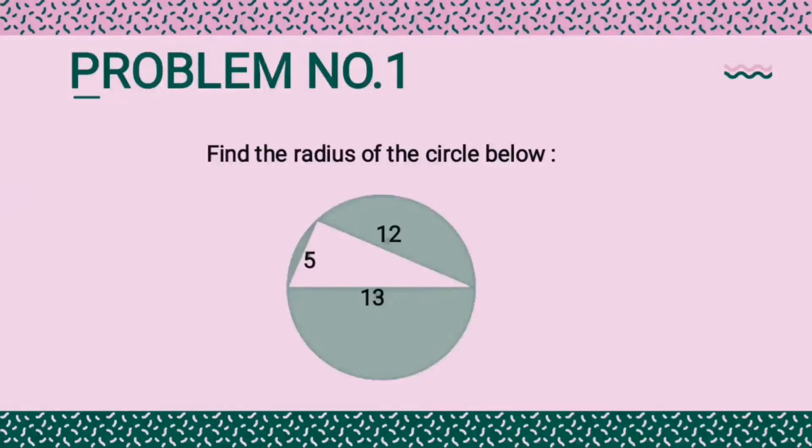Enjoy. I'm Joshua Mabini to discuss problem number 1. Find the radius of the circle below. So in finding the radius of the circle, we can use two different approaches.